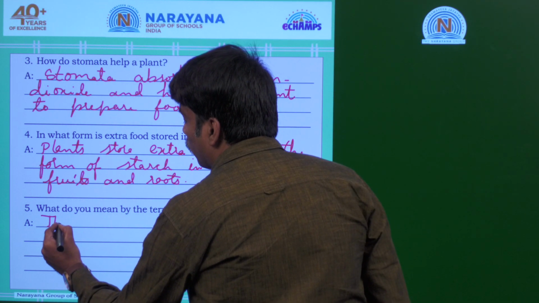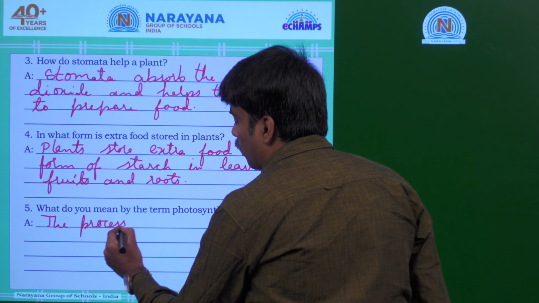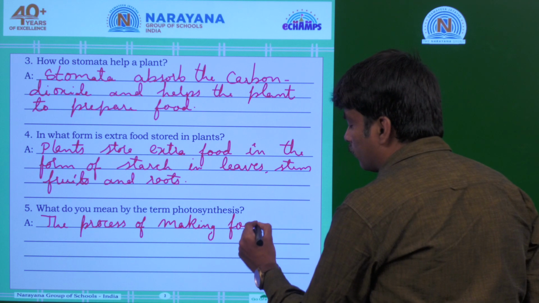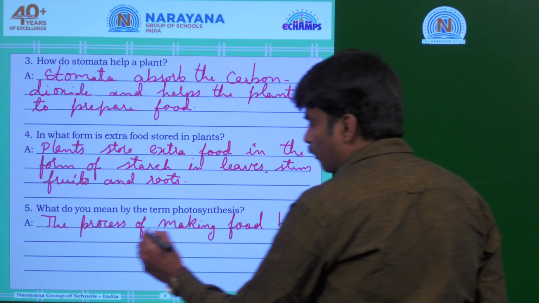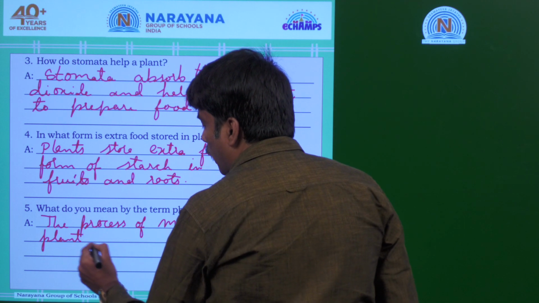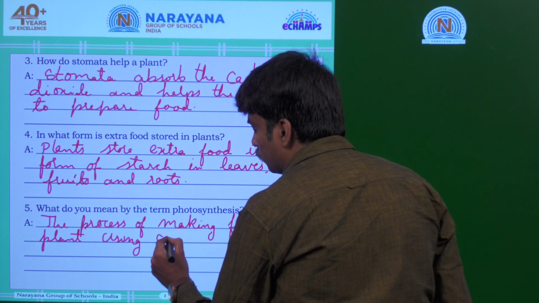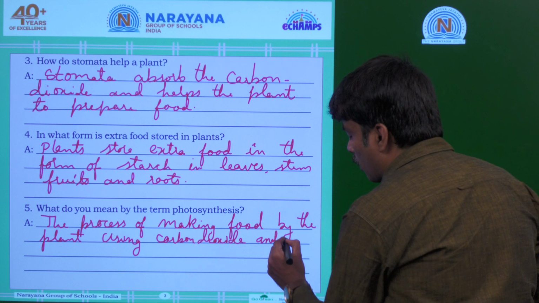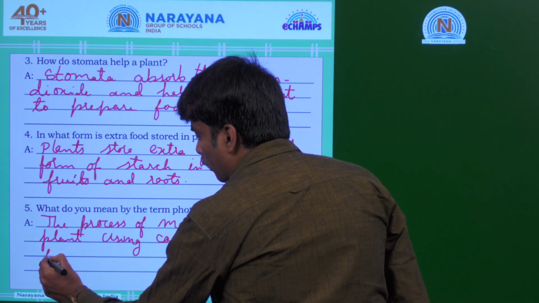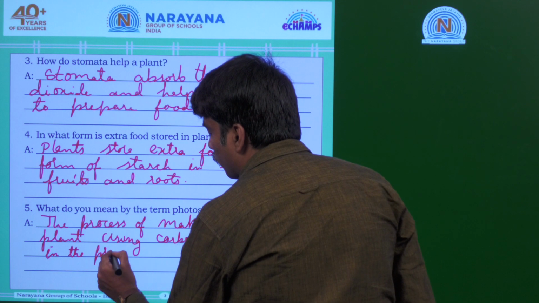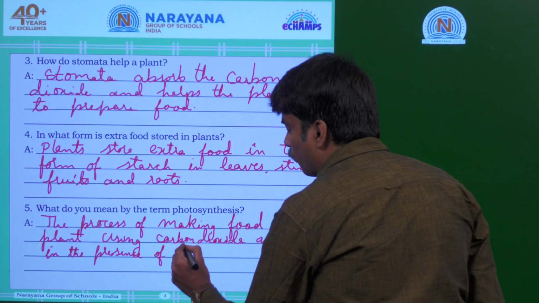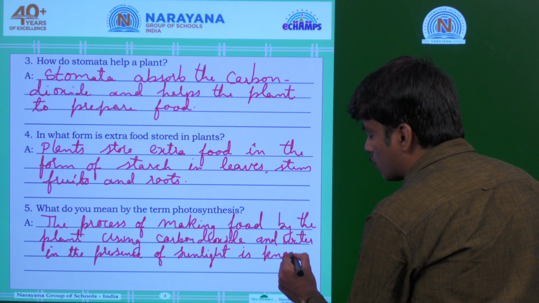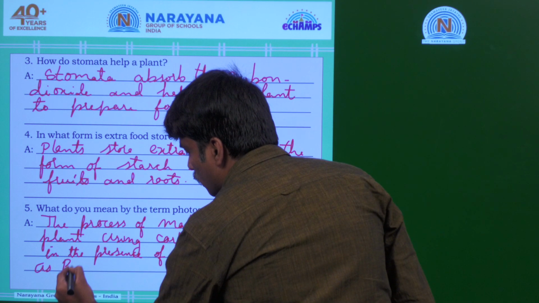Photosynthesis is the process of making food by the plant using carbon dioxide and water in the presence of sunlight, is known as photosynthesis.